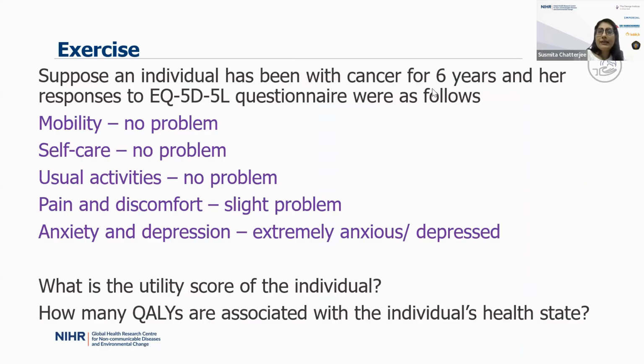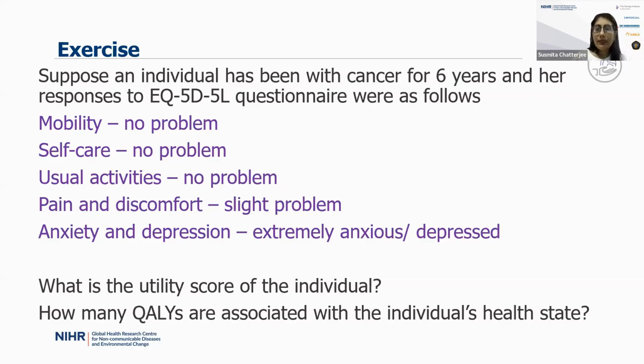The individual had been with cancer for 6 years. Okay, I'm getting some results. So I hope you understood how to do this. You administer the EQ5D5L and then you get a response.